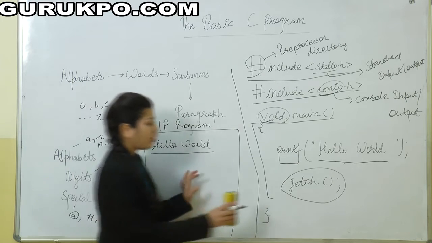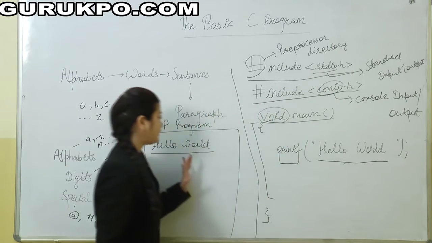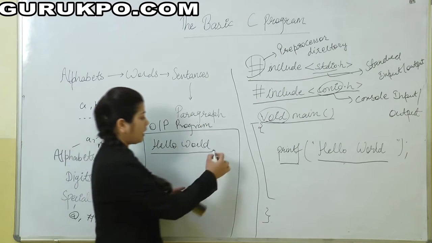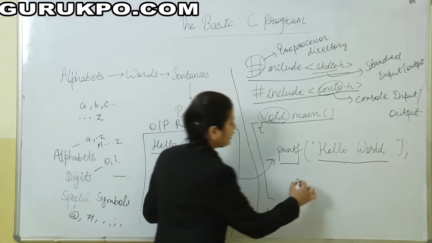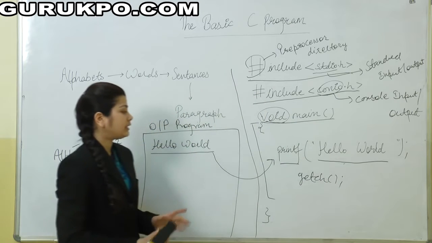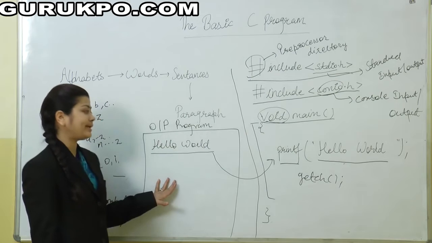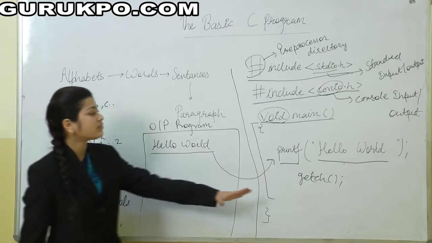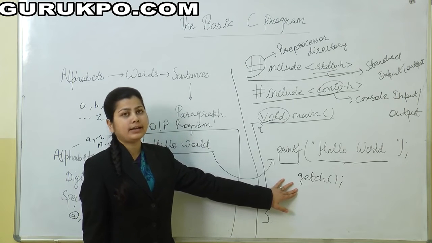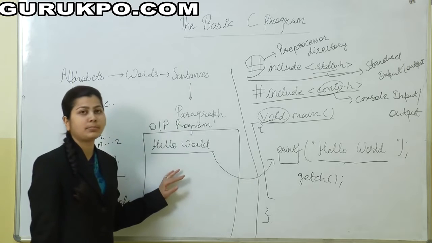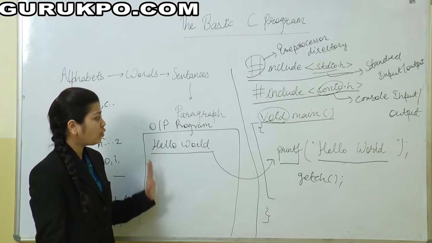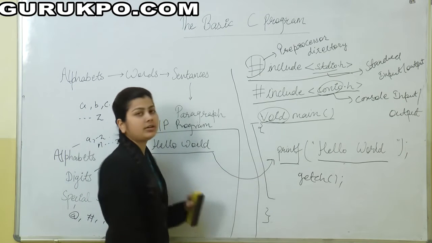If we do not use the getch function in our program, then the output window displays only for a fraction of a second and returns to the editor window. So if we write getch at the end of our program, the output window waits for an instruction. This function is only for getting a single input or single character. After pressing any symbol, alphabet or key, the output window goes back to the editor window.